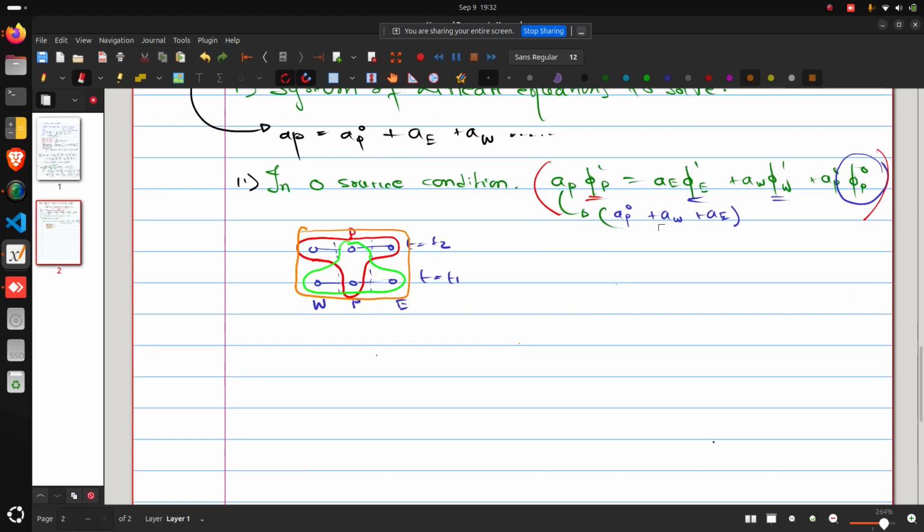We can go unbounded if some of the coefficients, for example AE and AW, goes negative. This will cause our problem to become unbounded.